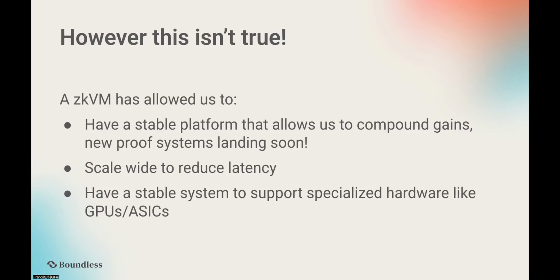And the next really cool thing is that middle point. With current zk L2s, generating the block is quite slow. It can take anywhere between 10 minutes and an hour. But with us, since we have this general purpose stable platform, we can scale very, very wide just by adding more machines. And the machines don't have to be these ridiculous things.